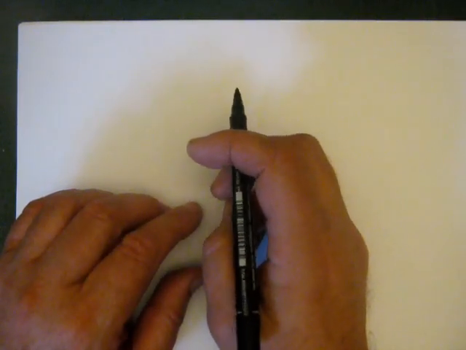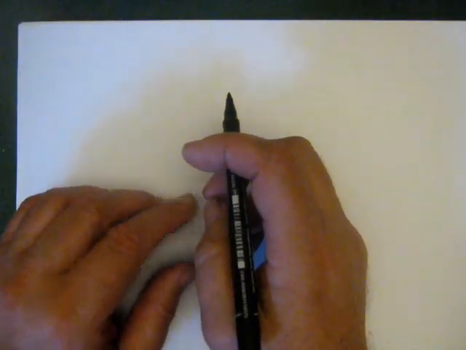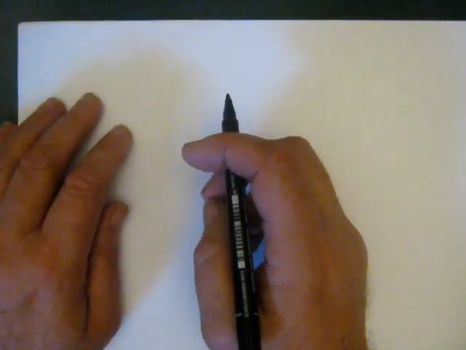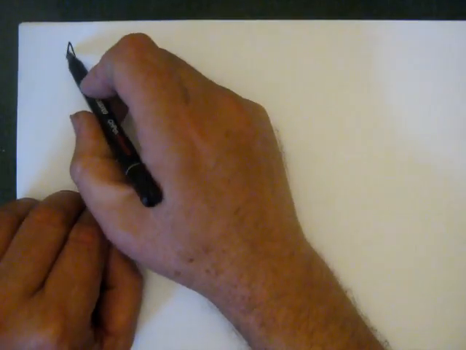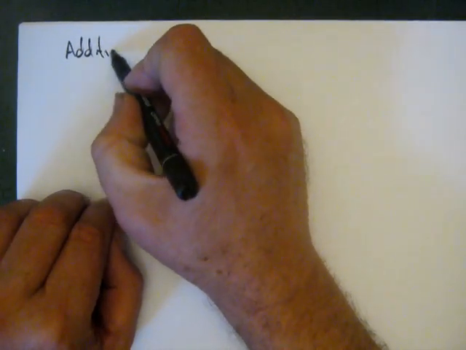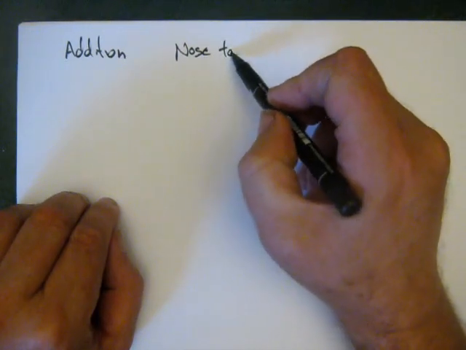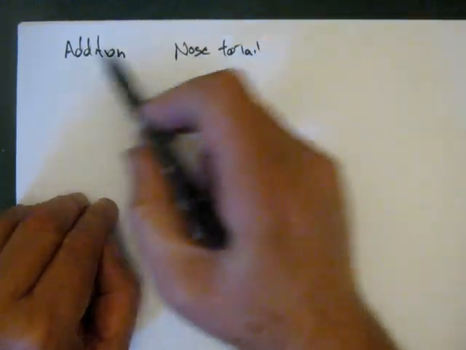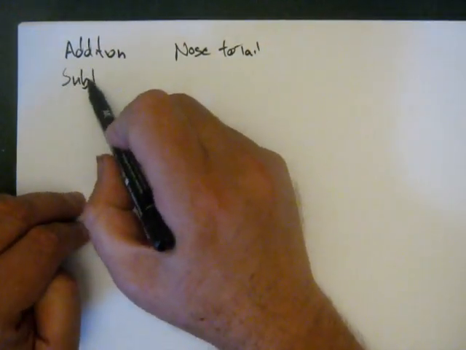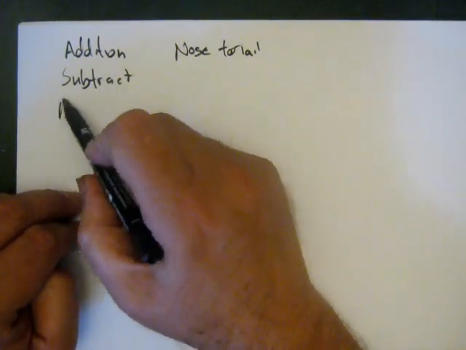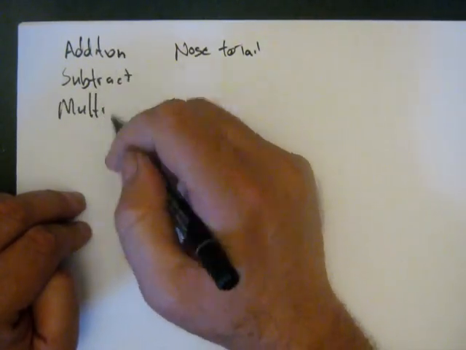And also things like velocity, areas, all sorts of interesting things can be described as vectors. So we've been dealing with addition, and remember that's nose to tail, just like dogs saying hello. We've done subtraction. We've done multiplication.